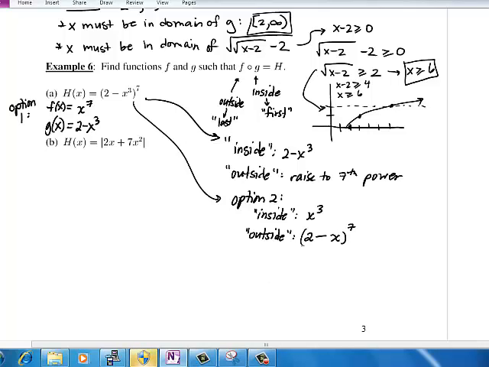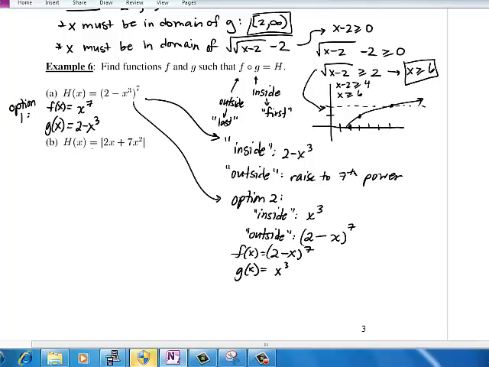So another option would be f of x equals 2 minus x raised to the 7th, and then the inside, the thing happening first, is let's cube that x first and then put it into the function. So those are 2 ways to write some functions that could compose to give you h.